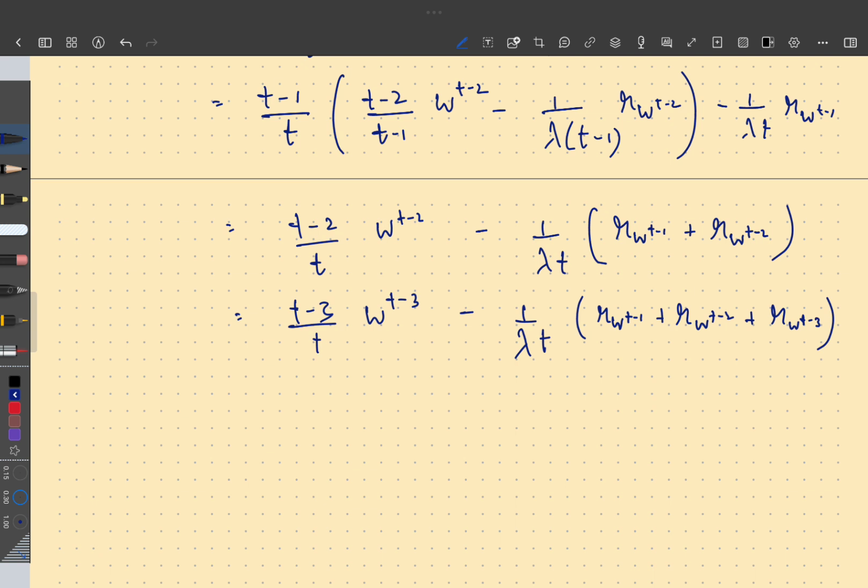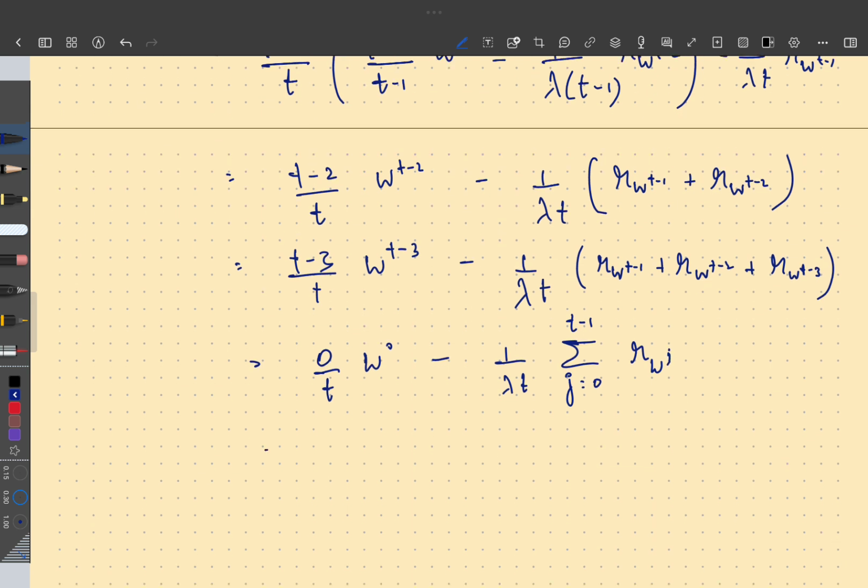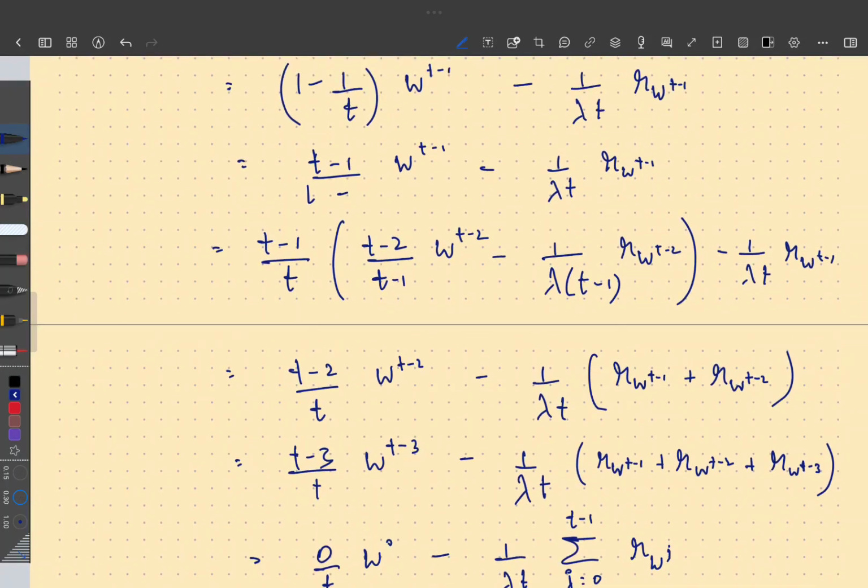Because my initial point is some w_0. So this is 0/t w_0 minus 1 over lambda t summation, say j equal to 0 to t-1, r(w_j), which is just minus 1 over lambda t summation j equal to 0 to t-1 r(w_j).